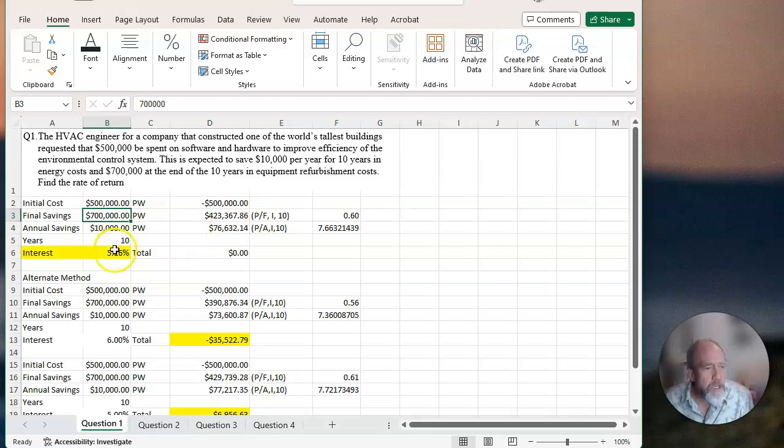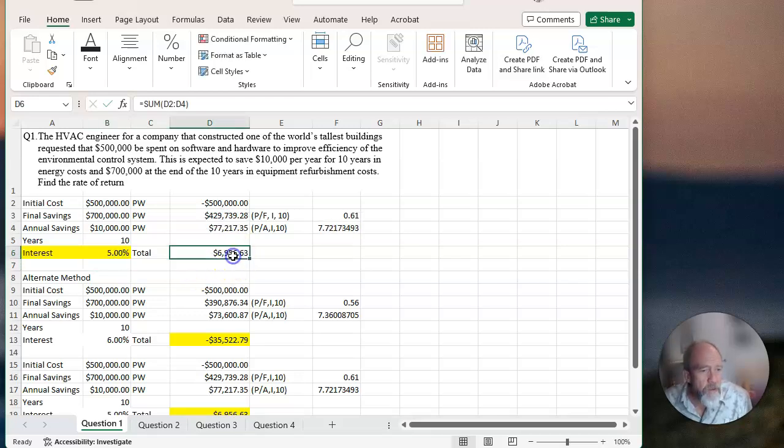So what we're going to do is come down here and put an interest number in a cell. That's actually what we're solving for, so just put some value in there. Good to start with 5%. If I put in a 5, it's pretty straightforward. Let's just put in a 5.